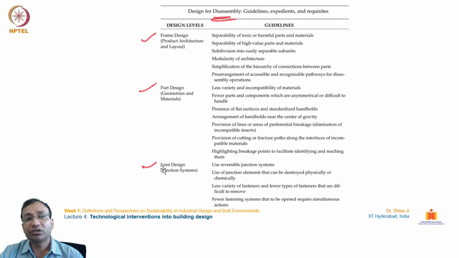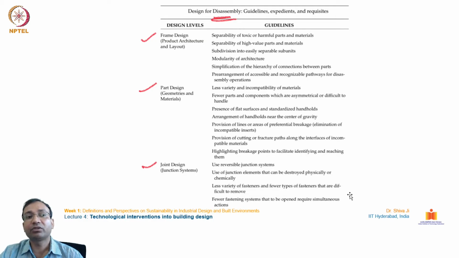And in the joint design, for example junctions of different materials or the same material, we use a reversible junction system, using junction elements that can be destroyed physically or chemically, less variety of fasteners and fewer types of fasteners that are difficult to remove.